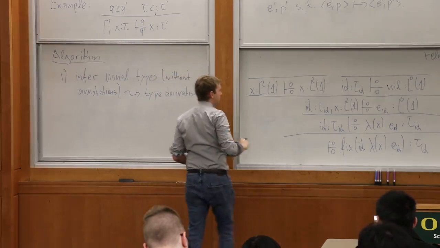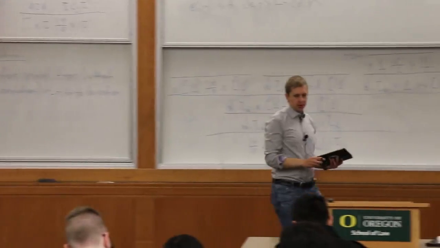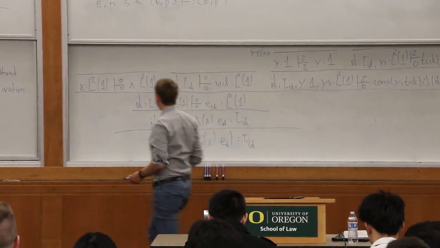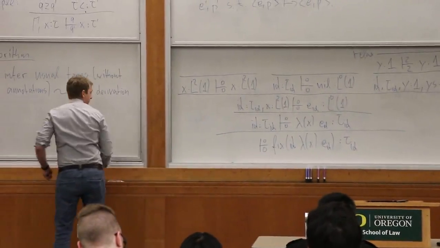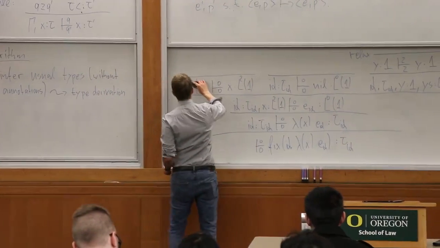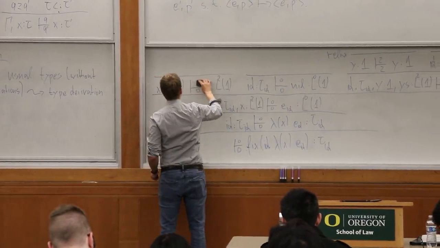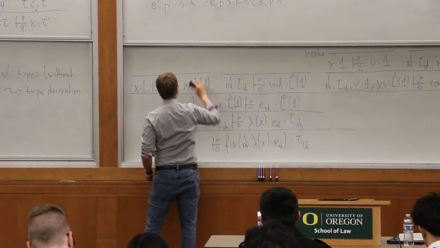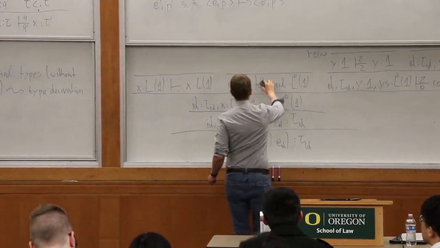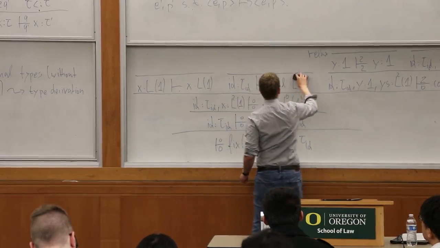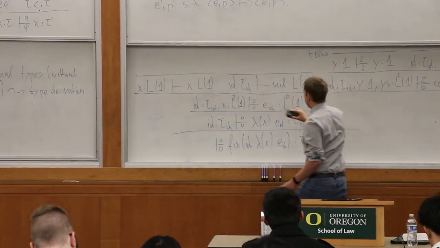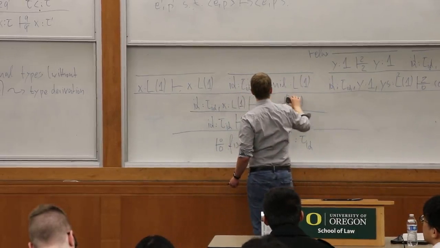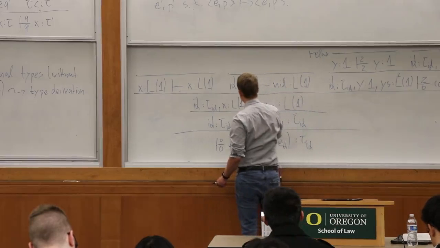So now we have a standard type derivation, and we can do this here for our example. So now we forget all of those. So this is the first step. Yeah, we just use standard Hindley-Milner type inference to get something like this.